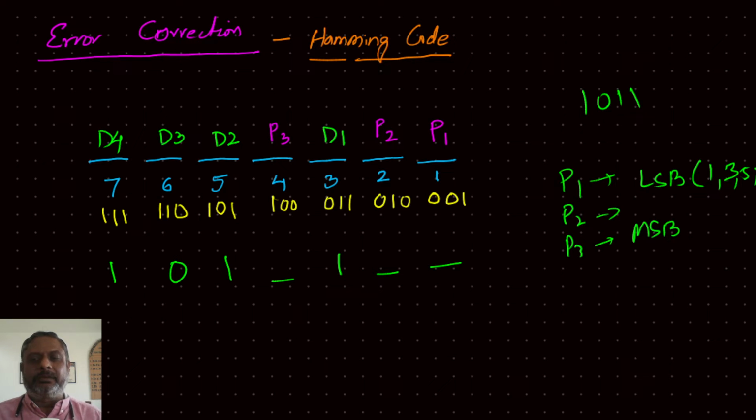So that means P1 is responsible for identifying error in either 1, 3, 5 or 7. In the same way, P2, that is the second bit, it is 1 at 2, then next one is at 3, then we have a 0 here, 1 and 1, that means 6 and 7. Same way for the MSB, 1, 1, 1, 1, we have at 4, 5, 6, 7.